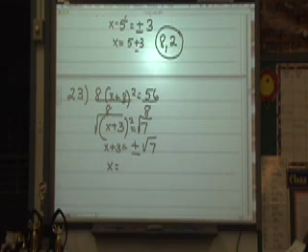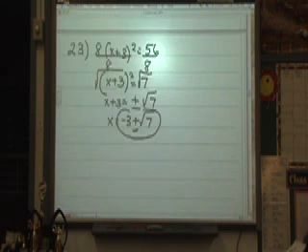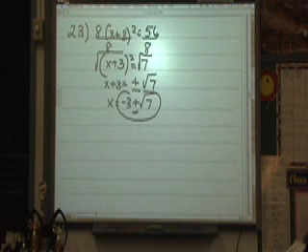Subtract 3 from both sides, you have x equals negative 3 plus radical 7, and x equals negative 3 minus radical 7. So those are your two answers. If you are only assigned section A, you can stop and work on the evens.